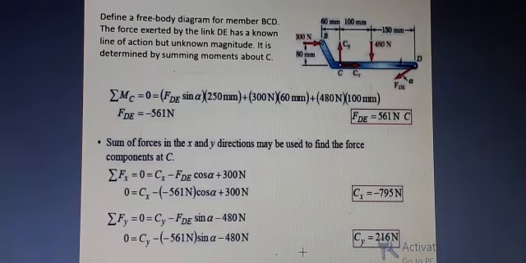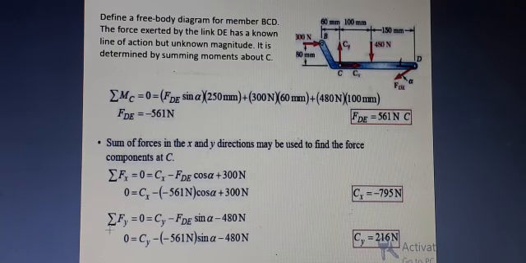Now, summing the forces in the x and y directions, you get the values of Cx and Cy. Applying summation Fx equal to 0, you get Cx equal to minus 795 Newton, meaning the considered direction is wrong; the direction of Cx is leftward.